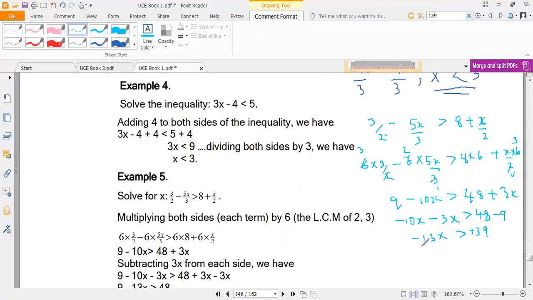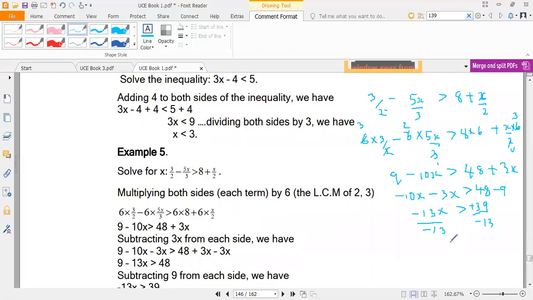To find the value of x, we divide by negative 13 on both sides. Every time you divide by a negative, the sign changes, so x is less than 39 divided by negative 13, which is negative 3. You can see that when we divided by the negative, the sign changed to a less than, yet originally the sign was a greater than.